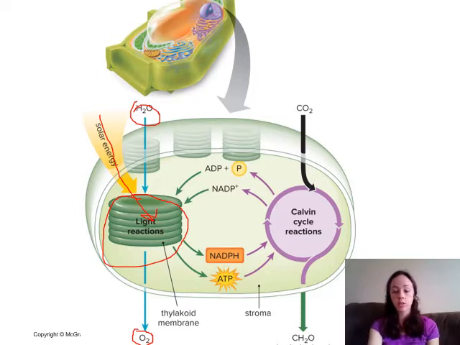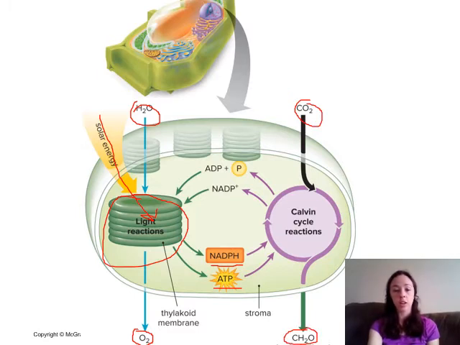And then it gives those hydrogen ions to our NADP coenzyme, turning it into NADPH. And then our electron transport chain will also give us ATP. That ATP will then enter into the Calvin cycle, where it will be used to break apart carbon dioxide and then turning it into glucose.